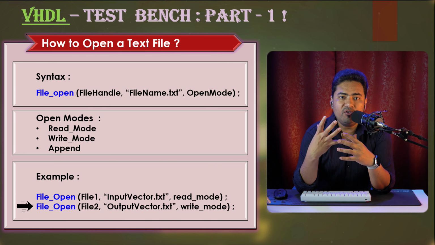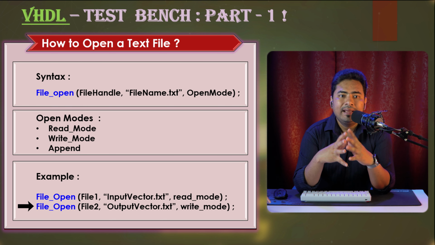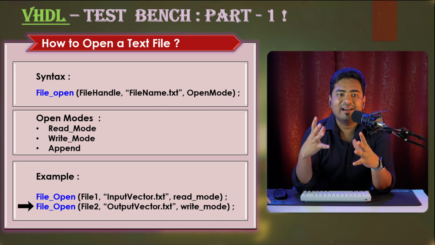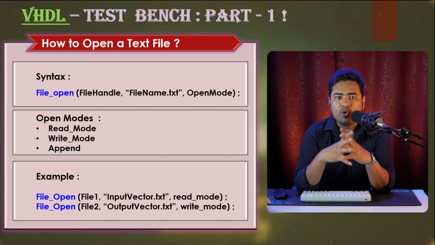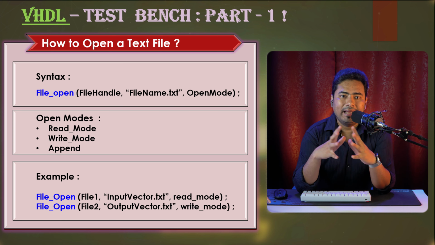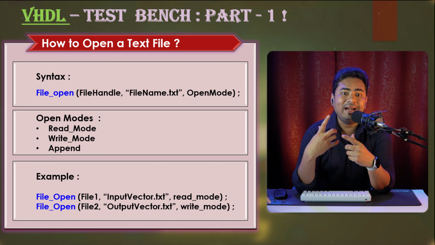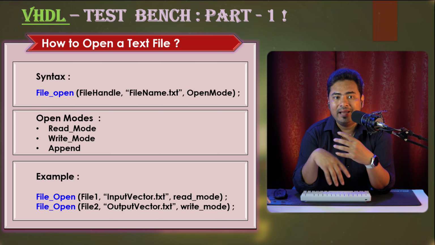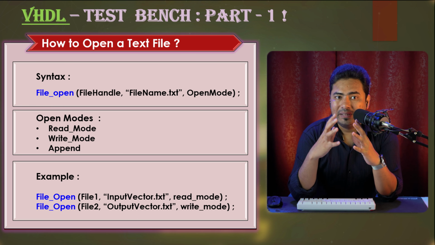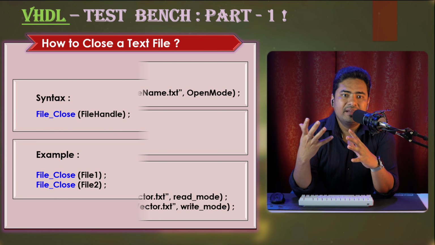So this will open file2, the text file name is output vectors.txt, and it will open in write mode. Don't worry if you are not clear about it at the moment, because I will show you how to write VHDL code for reading data from a text file and for writing data into a text file in a separate session. But this is just the pretty basics.